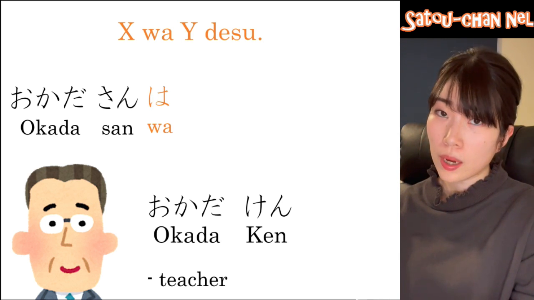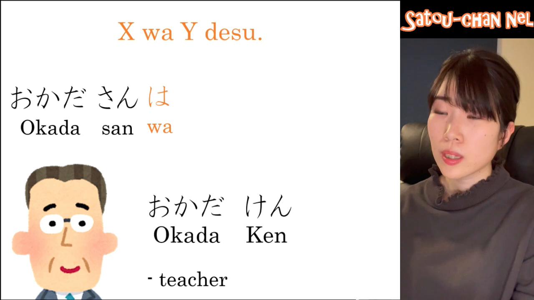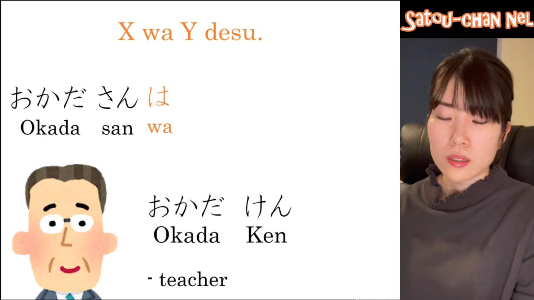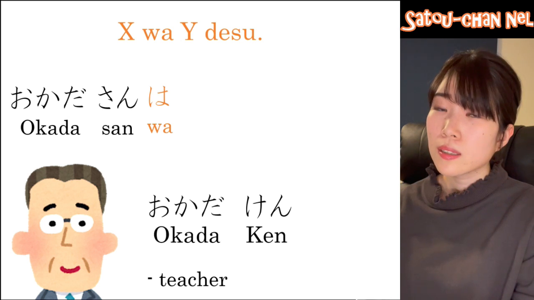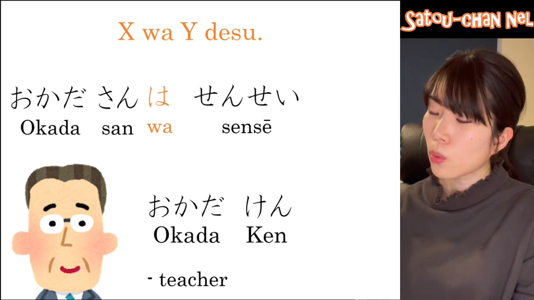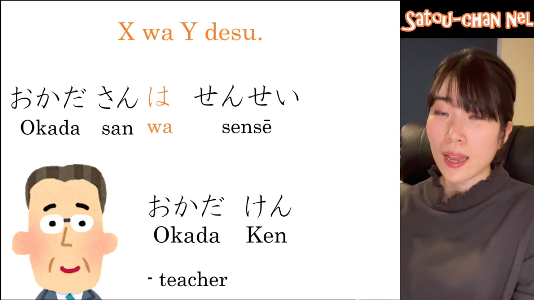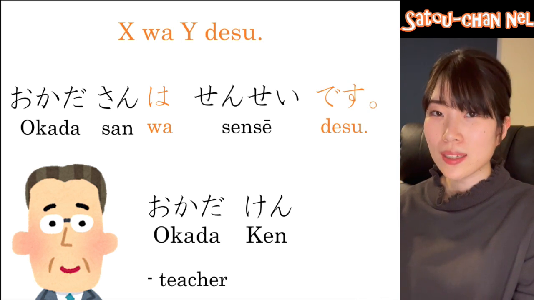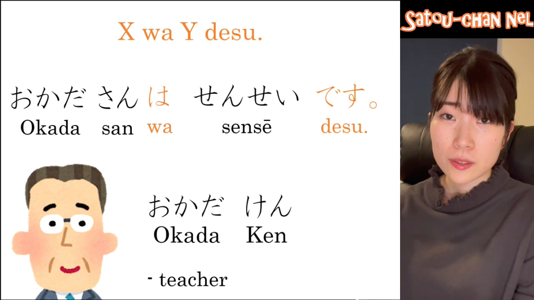Okada-san wa. Topic marker. Okada-san is the topic of the sentence. Teacher. How do you say teacher in Japanese? Sensei. Okada-san wa sensei desu.